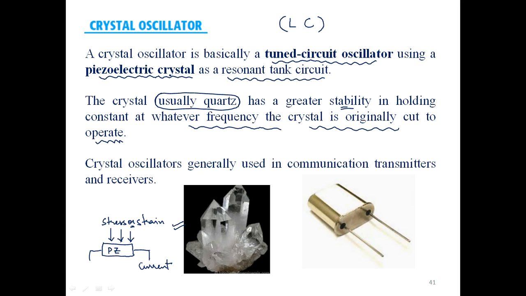Okay, and this current varies in such a way that if I just change the shape of this particular piezoelectric from rectangular to triangular, then the nature of the stresses falling on this particular crystal will be different, so that the current being produced by the piezoelectric material will be again different. Okay, so that's a completely strange behavior.